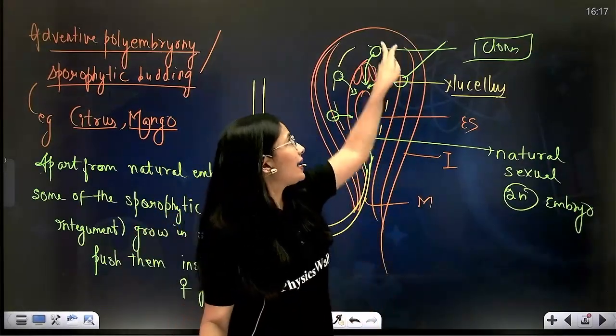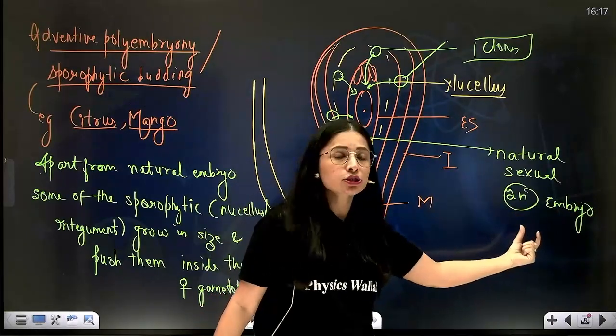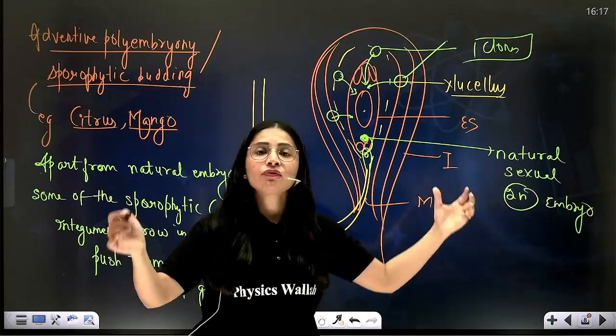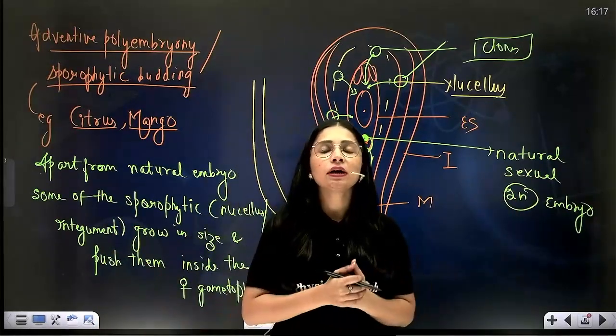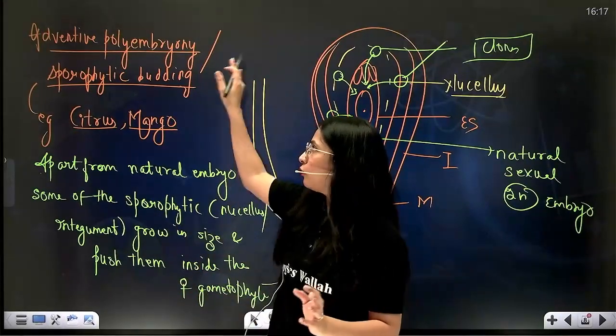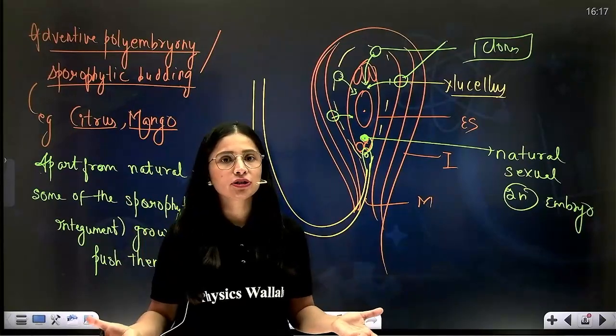So they are asexual embryos giving rise to clones. This is the sexual embryo giving rise to a new organism, variable, different from the parent. Now this much happened. So this ovule will then transform into seed and then the ovary wall will transform into fruit.